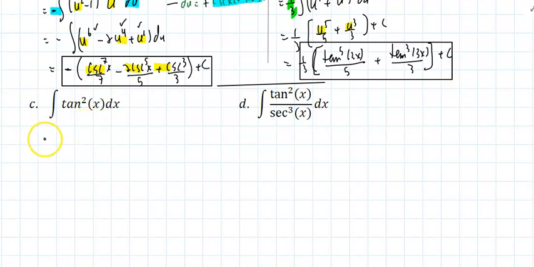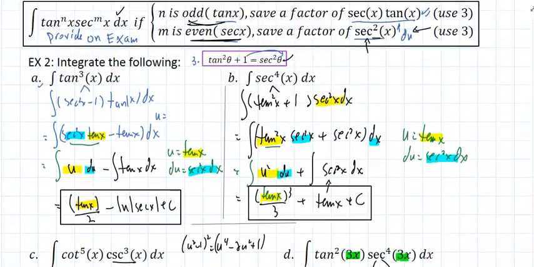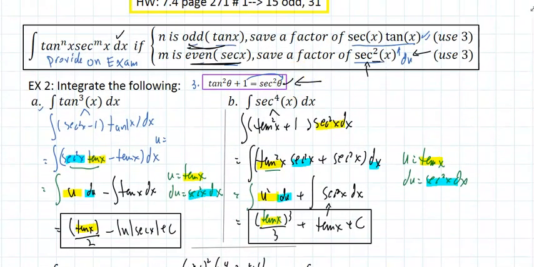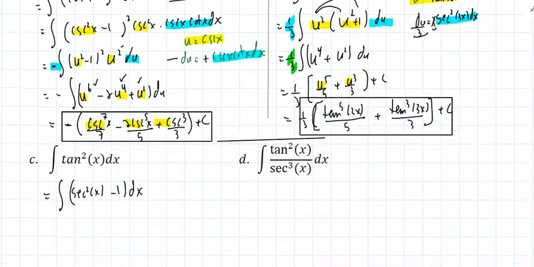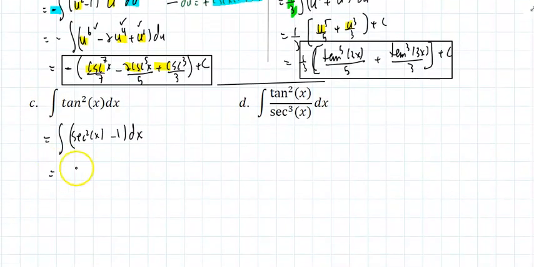I could go to sines and cosines, or if I remember that tangent squared is secant squared of x minus 1 by property 3, right there, I would know that. What do you take a derivative of to get tangent? The secant squared, derivative of tangent is secant squared x plus c.